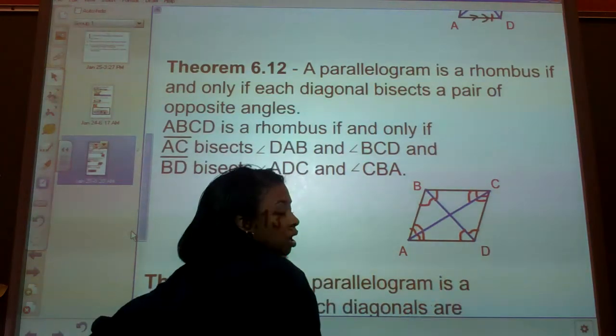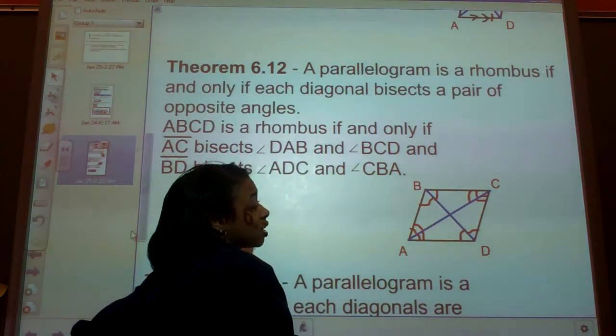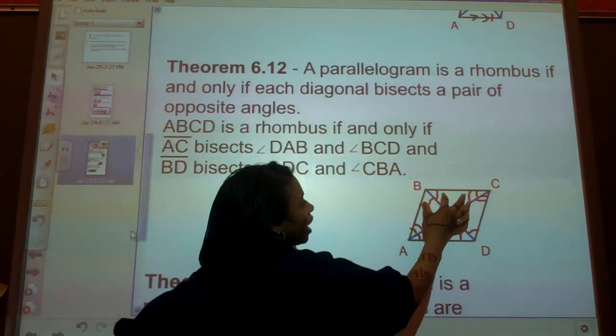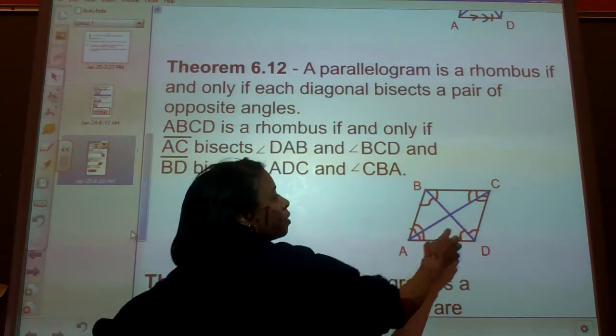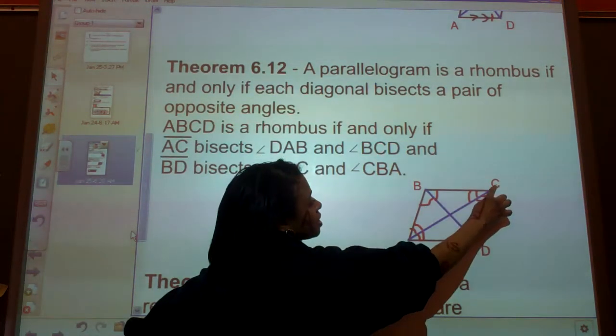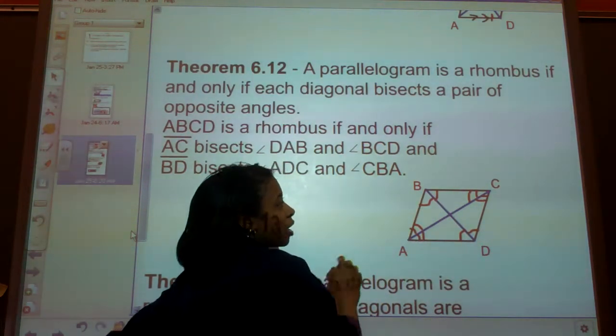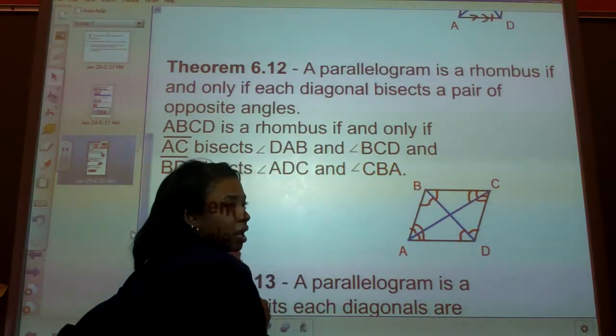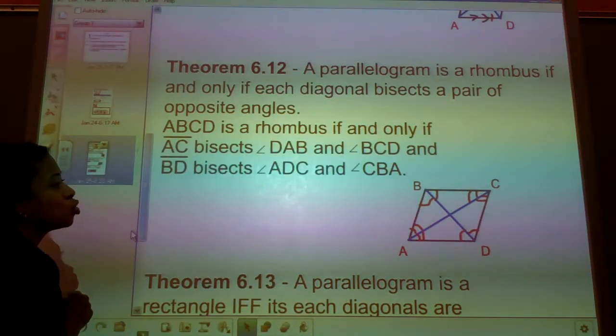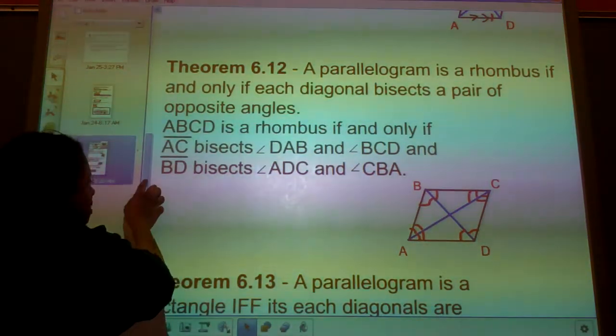Same thing with D. It's going to bisect them into two congruent angles. So now angle B is in two congruent pieces. That means CBD is congruent to ABD, because the diagonal BD has caused it to be in two congruent angles, or bisecting.